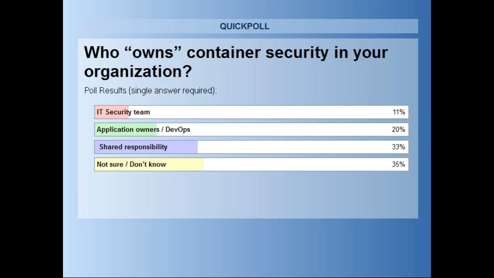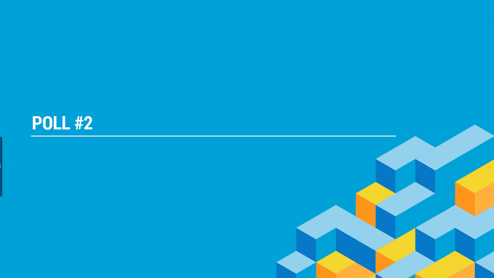Oh, I think this is very reflective of the current state. I think over time you'll see security teams taking charge more as they get themselves educated on containers, and also there will be an emergence of DevOps or DevSecOps, whatever you want to call it, people who wear both hats, who are both DevOps and in charge of security.